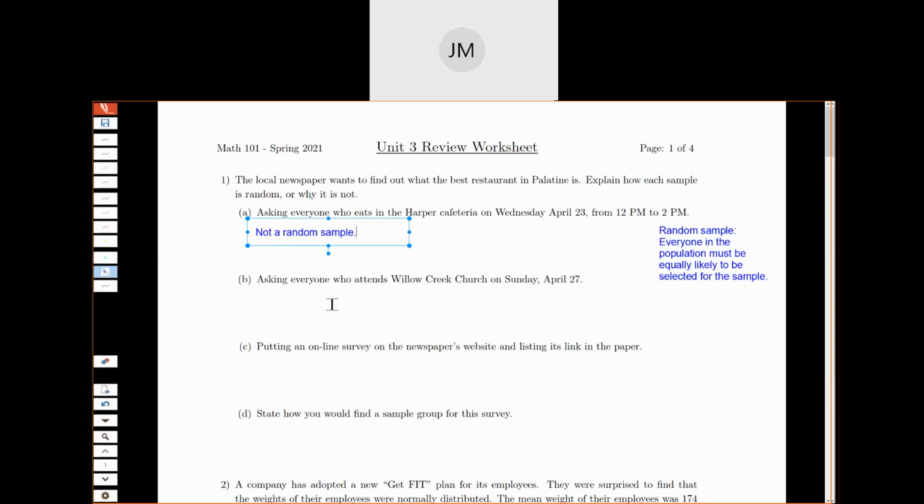They've already chosen a place to eat, so these are people that might be more biased towards that place, okay? For whatever reason. Maybe they like the food, maybe they like the prices, maybe they like the convenience. Whatever the reasons are, going to an eating establishment and asking what your favorite eating establishment is not going to give you a good representation of everybody. Okay, so one problem.